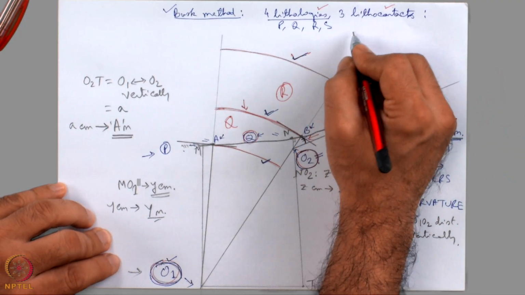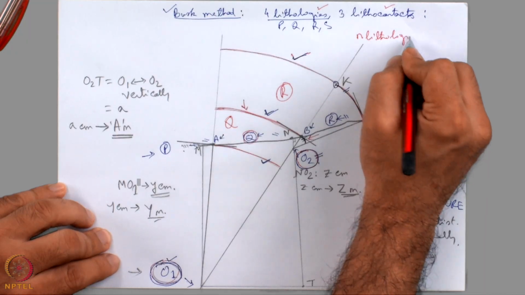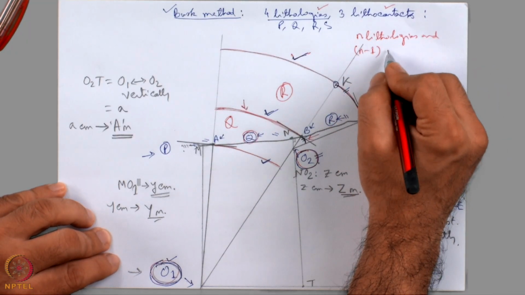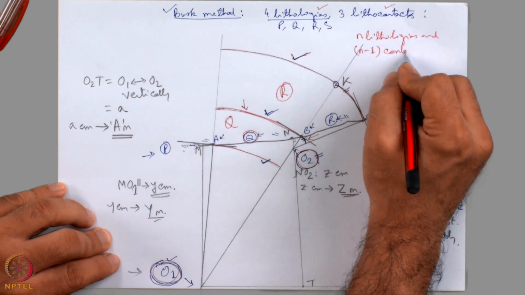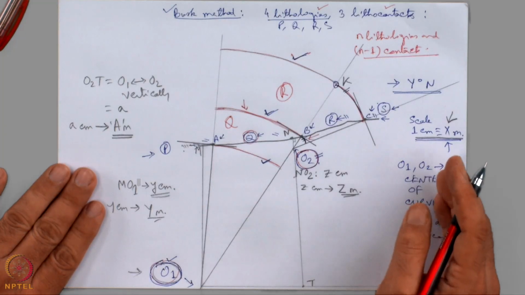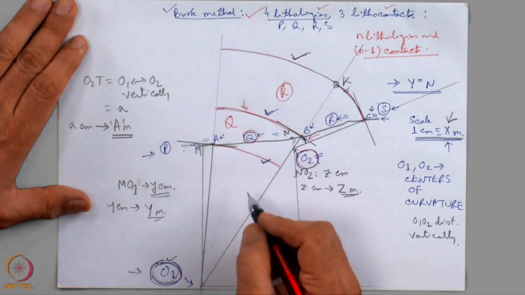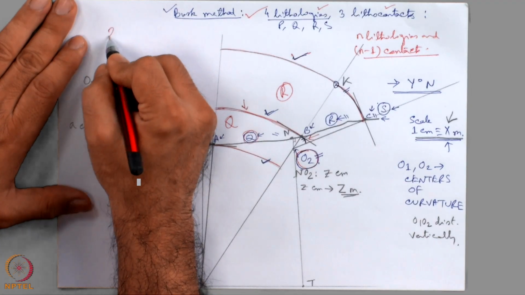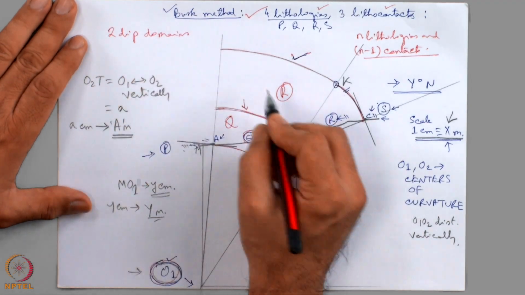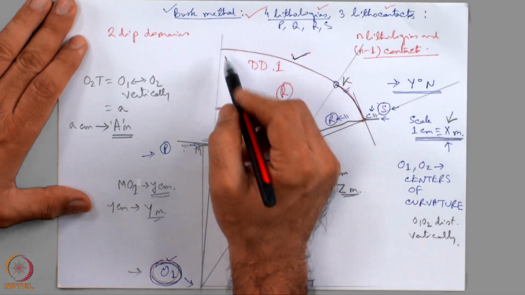Suppose the number is increasing, there are n lithologies and n minus 1 contacts. In that case, a similar approach will work. In this method, we have created basically 2 dip domains. We can call this dip domain 1. What is that?